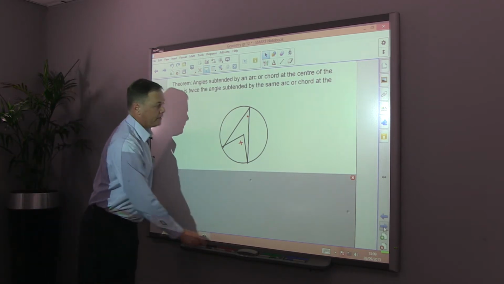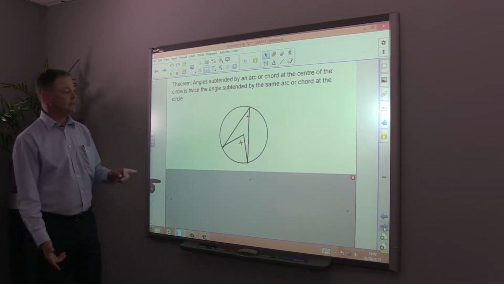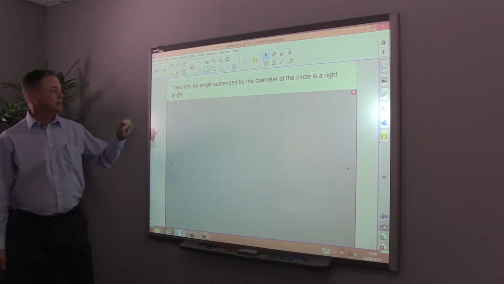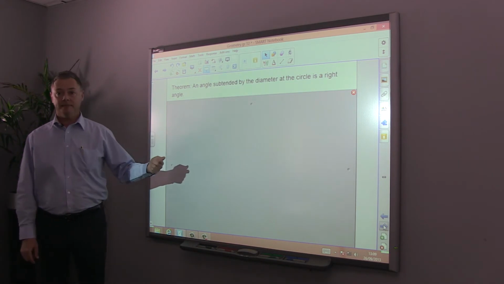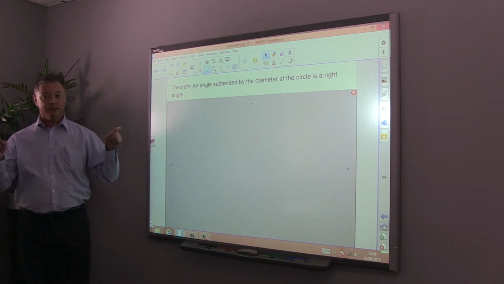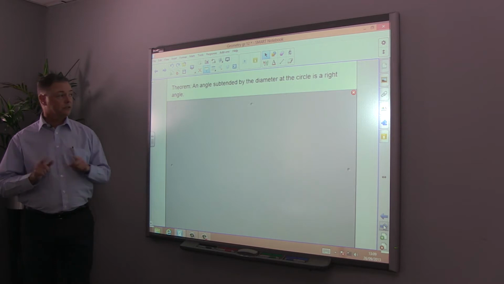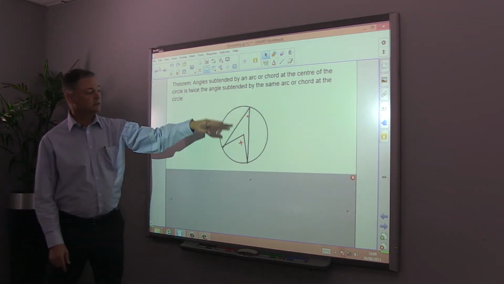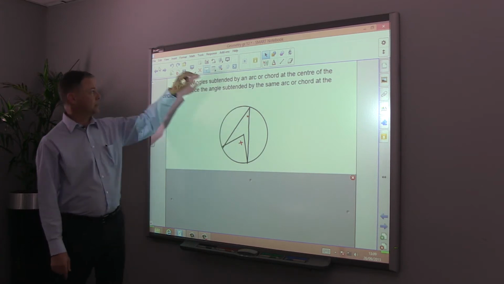That's the second theorem. Okay, it's quite handy because it brings us to the third theorem, which is that an angle subtended by the diameter. Now a diameter goes through the center, but it's also a chord. Okay, so the theorem over here said that if it's subtended by a chord at the center, it will be twice the angle at the circumference.